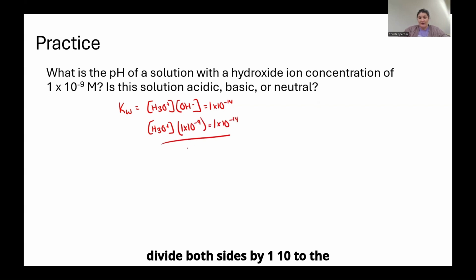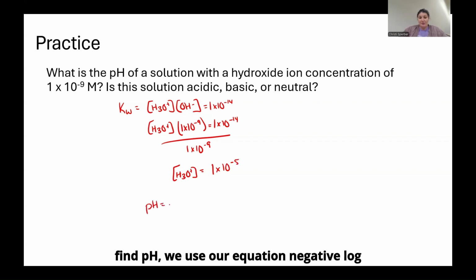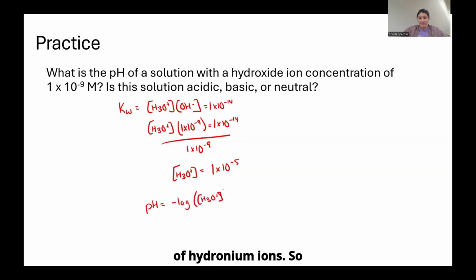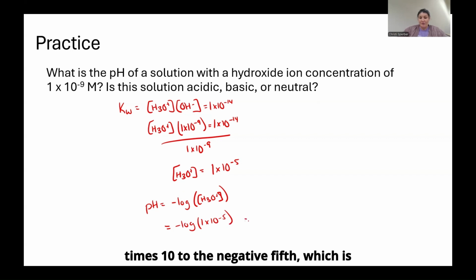We're going to divide both sides by 1 times 10 to the negative 9th. And this gives our concentration of hydronium ions as 1 times 10 to the negative fifth. To find pH, we use our equation, negative log of the concentration of hydronium ions. So pH is the negative log of 1 times 10 to the negative fifth, which is equal to 5.0.